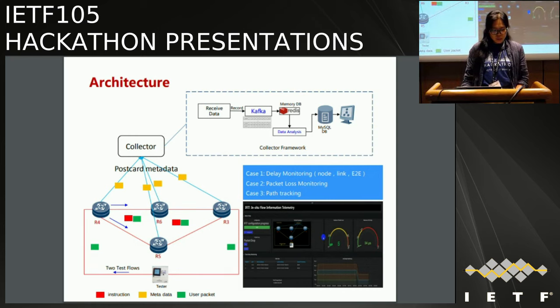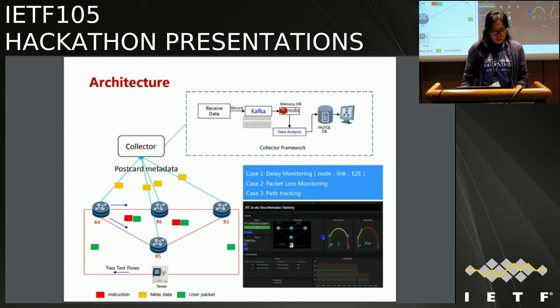This page shows this project in the hackathon. At first, there is a network domain including 4 routers, and a tester will send 2 test flows and also receive these 2 test flows, with IPv6 as the transport protocol.